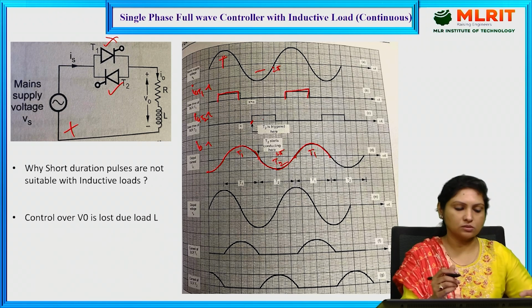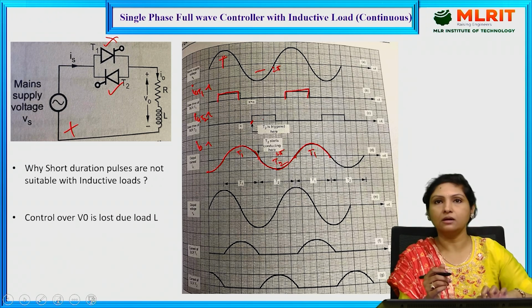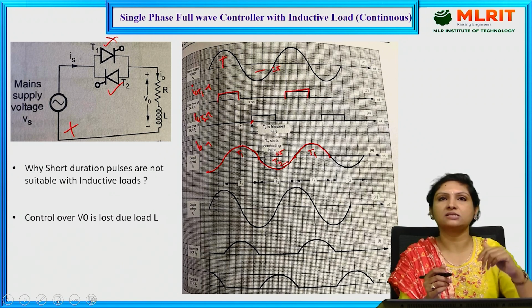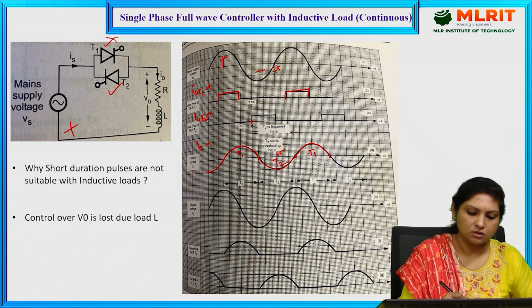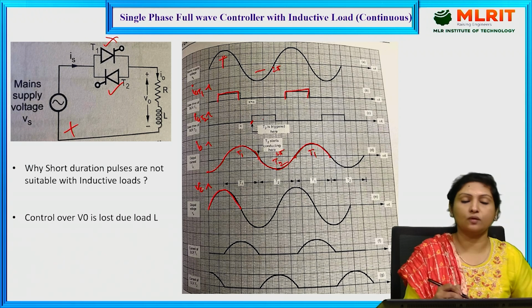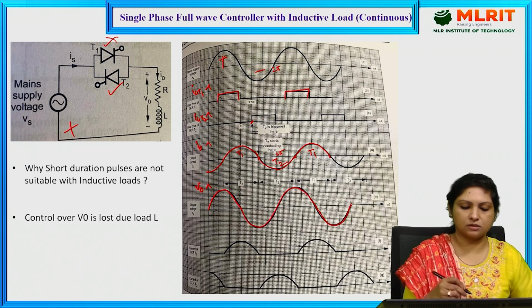That is the reason, as long as the supply is connected to the load, our output load voltage waveform will be exactly as that of the supply voltage waveform. Here our supply voltage waveform is like this. The output voltage waveform will be exactly following the supply voltage waveform, and the cycle repeats.